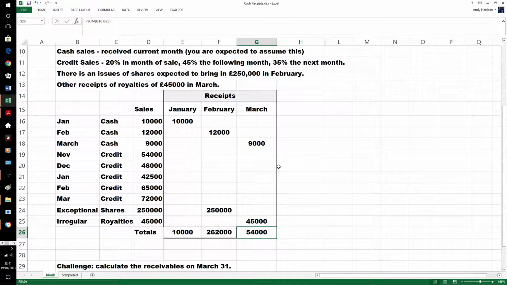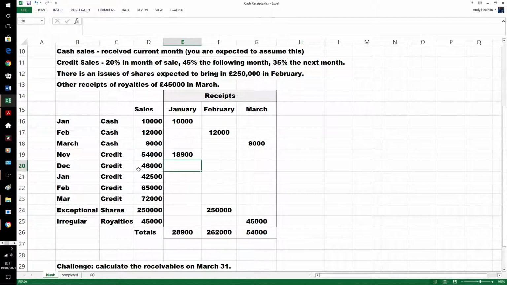So our November's, now we've got to read it carefully. Fairly straightforward, this one to start off with. So November credit sales: we get 20% in the month of sale, so that would be 20% in November. 45% would have been in December, so it's only the 35% we're interested in here, and that's going to come in January.